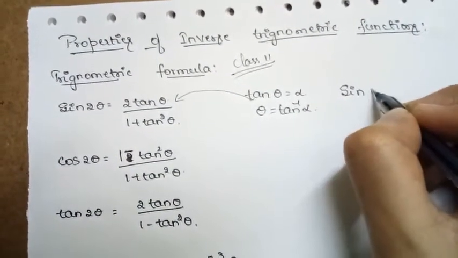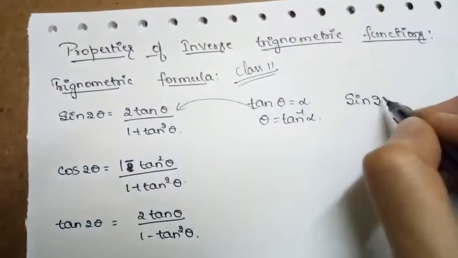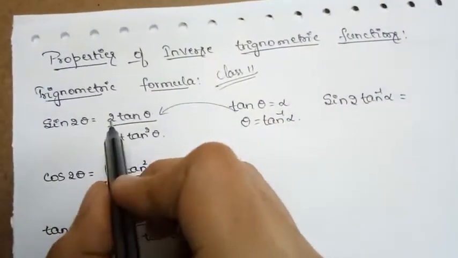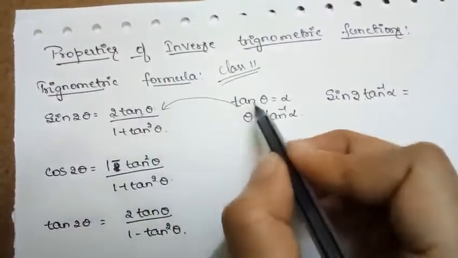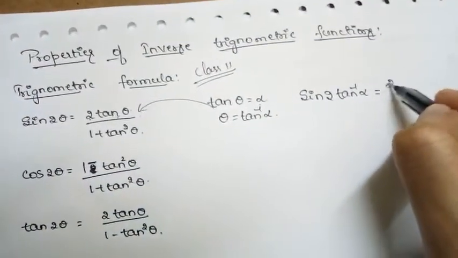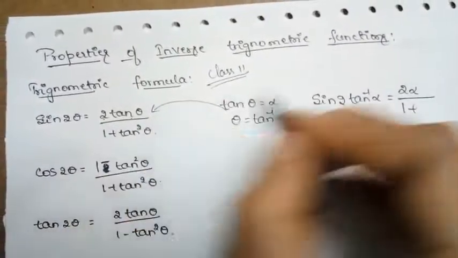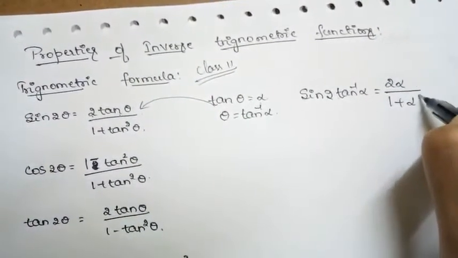That is nothing but sin 2 theta, meaning sin of 2 tan inverse of alpha, which is equal to 2 tan theta, so 2 times alpha, divided by 1 plus tan square theta, meaning alpha square.